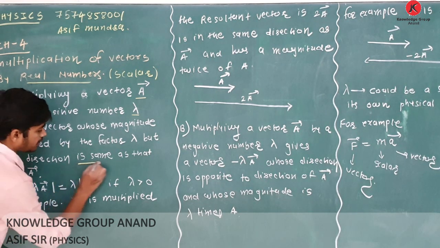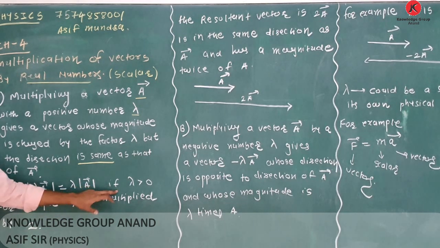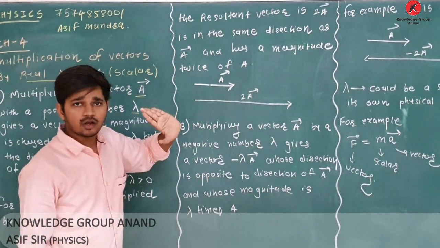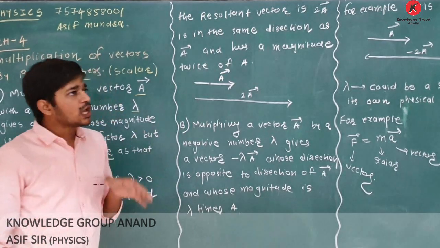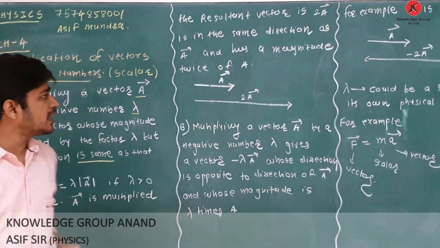You have to remember this point. Direction remains same as that of A. Lambda A is equal to lambda times mode of A if lambda is greater than 0. For example, A is multiplied by 2, the resultant vector is 2A.